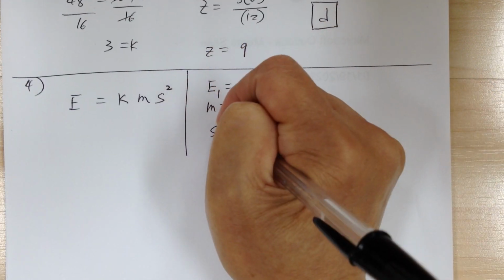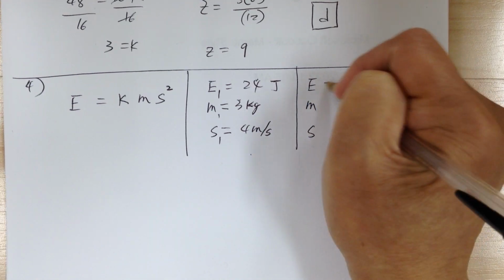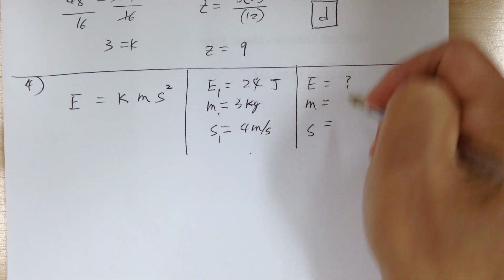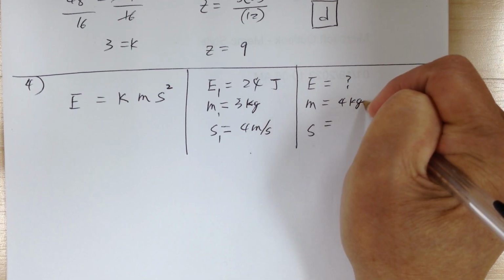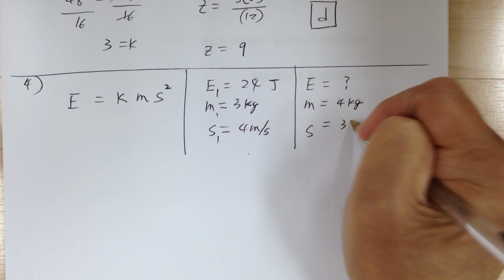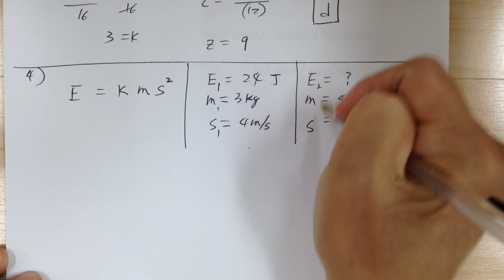So that's your case 1. Now let's go and get the case 2. It says find the kinetic energy, so that's what you're looking for, of an object with a mass of 4 kilograms and a speed of 3 meters per second. Okay, so that's your second case.